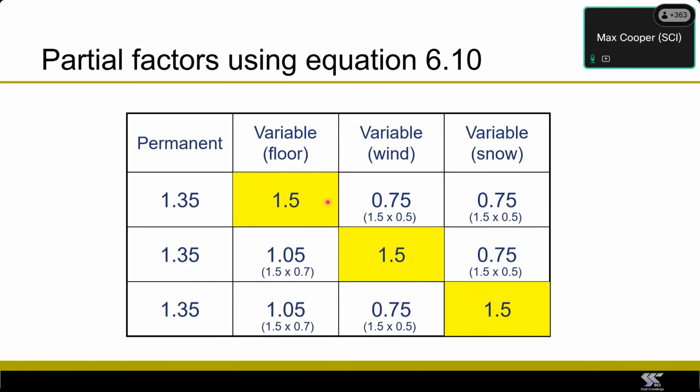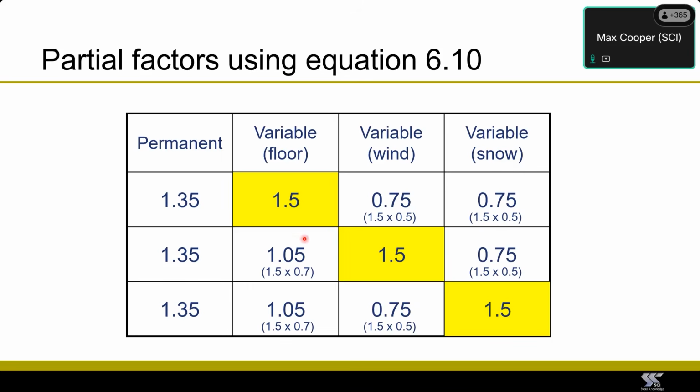You see that we have gamma Q, the live load factor, 1.5, multiplied by the combination factor 0.5, and that gives us a total of 0.75. And the combination factor 0.5 is the same for both wind and snow, so we end up with 0.75 for both of these actions.